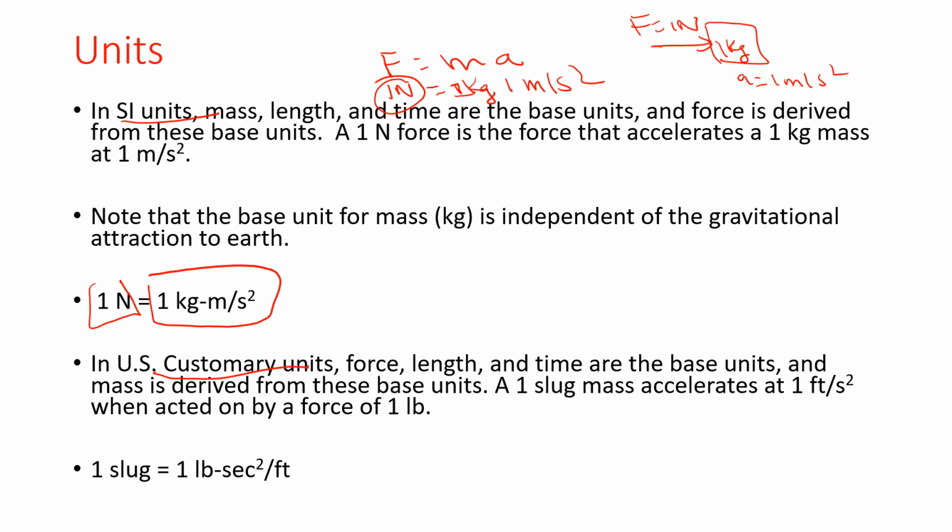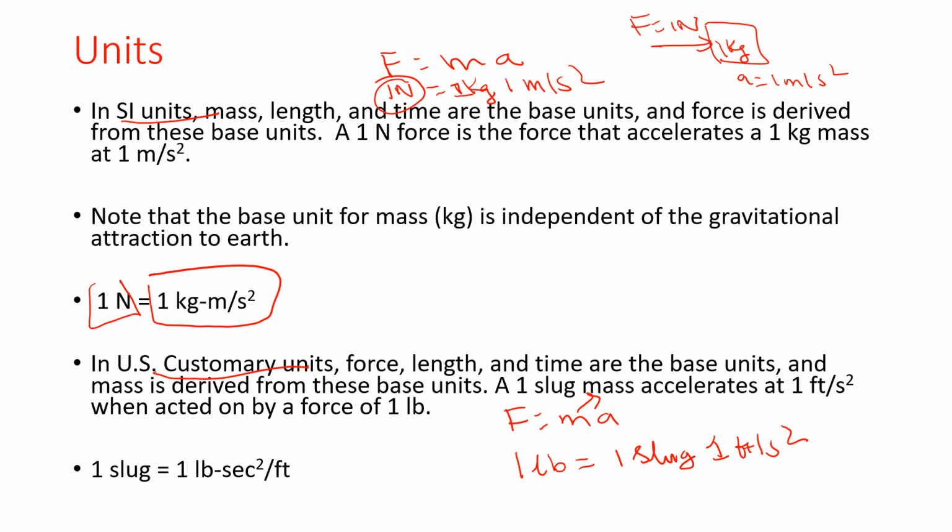In US customary units, this is important to understand. Again, we can write F equals ma. Force is 1 pound when, see, here mass is 1 slug and acceleration is 1 feet per second square.